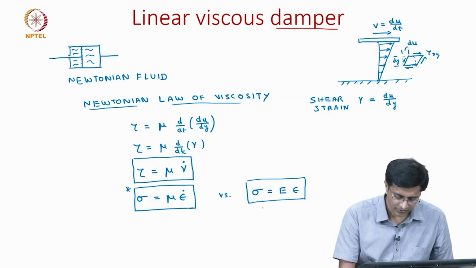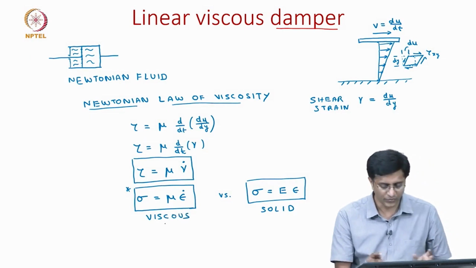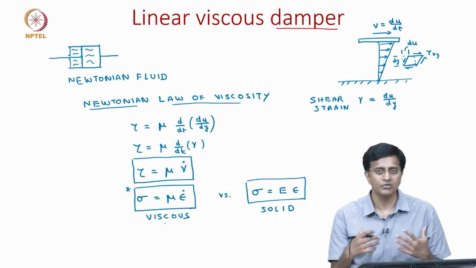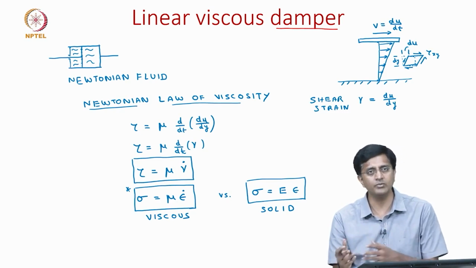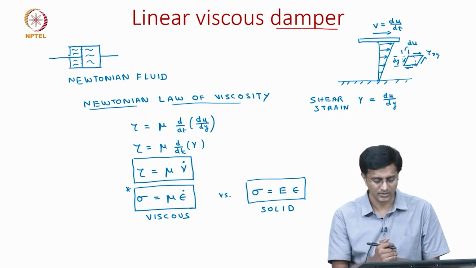So, this we will say is for solid, and the previous one is for viscous flow. If you notice both these equations, we now see the difference between a solid behavior and a viscous behavior, at least in the linear sense.